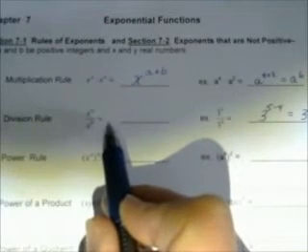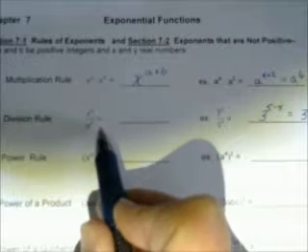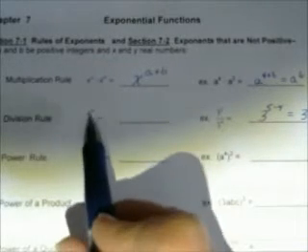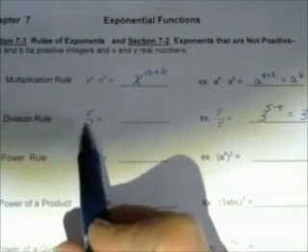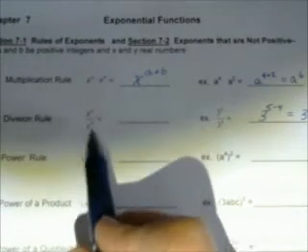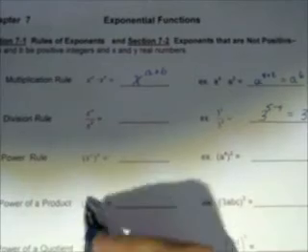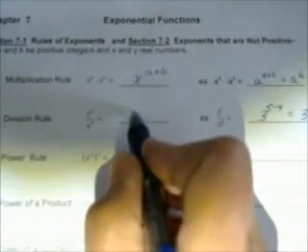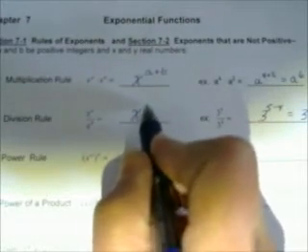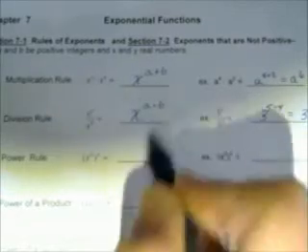So, in general, variable base x raised to the exponent a divided by the variable base x raised to the exponent b is going to equal x to the a minus b.